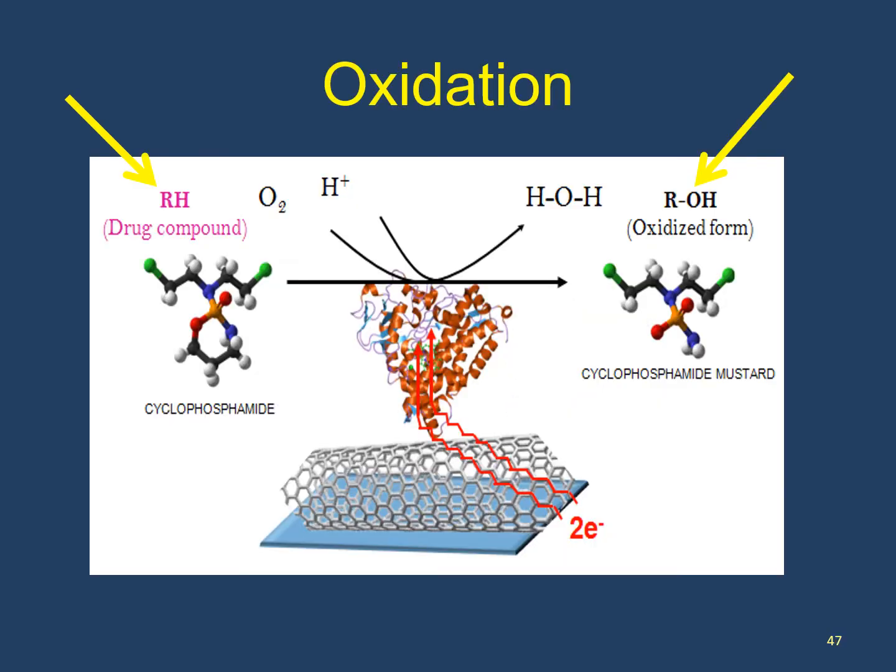So oxidation is one mechanism by which we can convert a drug from a lipophilic form to a hydrophilic form. So here you have cyclophosphamide. You see the drug compound. It is very common in scientific notation for RH to be used to represent just any drug.